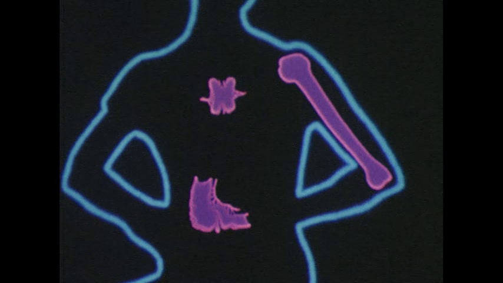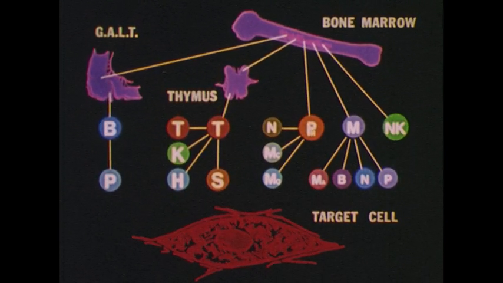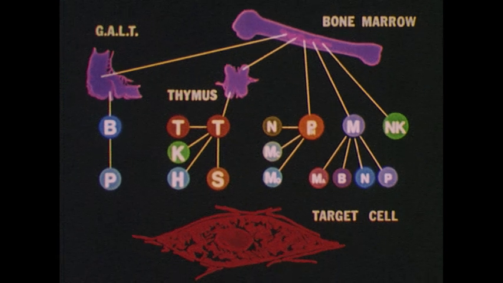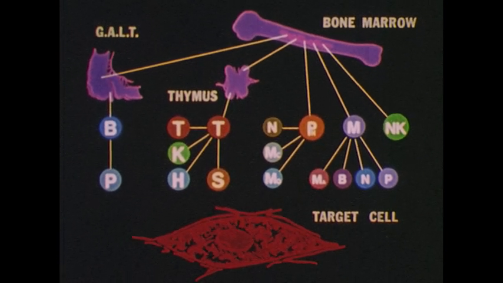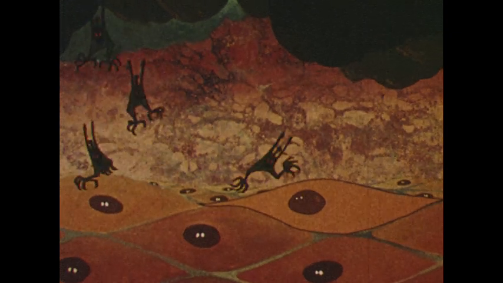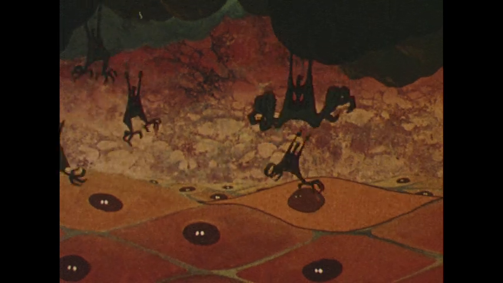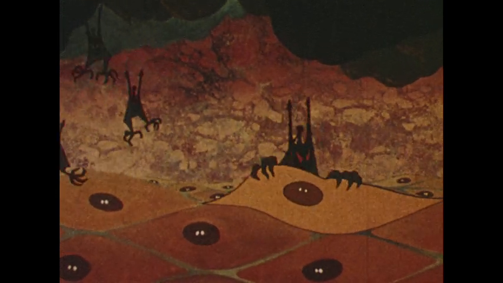The immune process is complex and difficult to visualize. Here, using animation, we can view a simplification. Invading antigens, in this case viruses, enter the body and seek out vulnerable tissue.